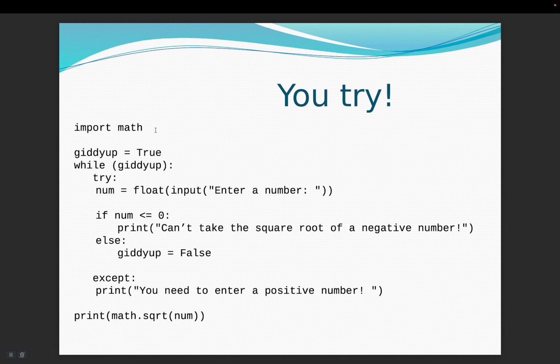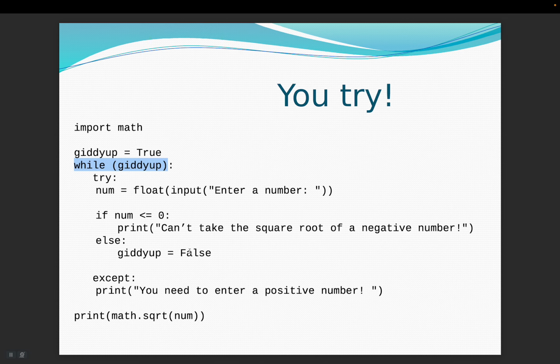So you import the math module because we're going to be using square root here. We have a variable called giddy up, and it's set to true. While true, try to get a floating point number from the user. If the number is less than or equal to zero, print out this message.